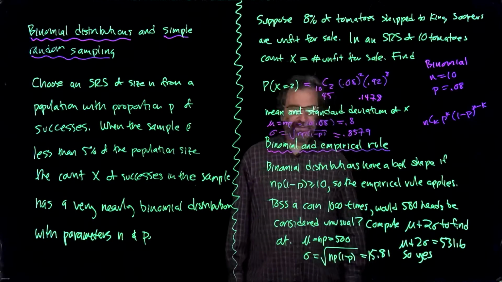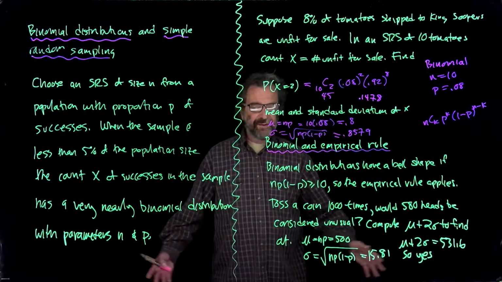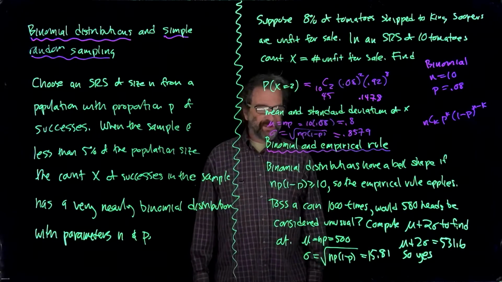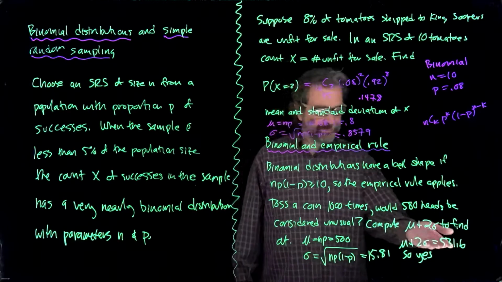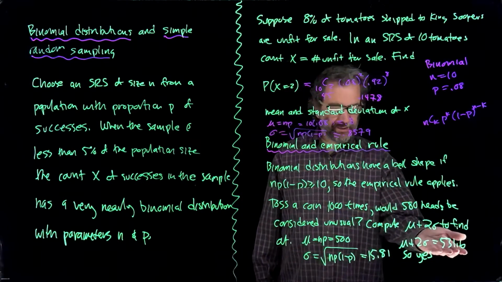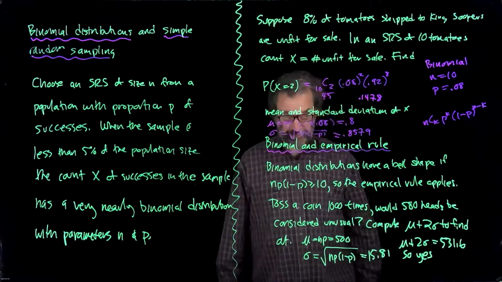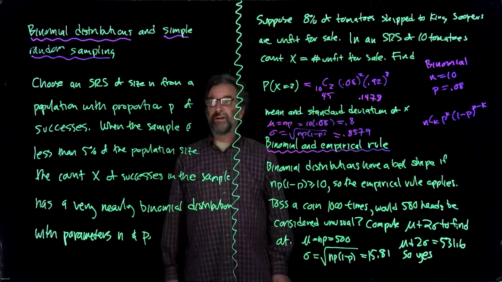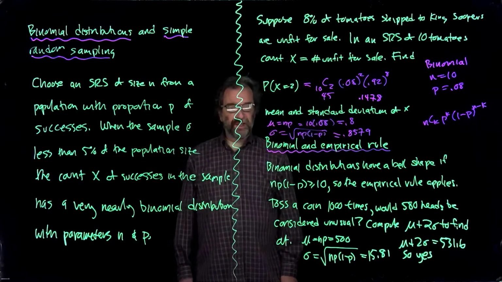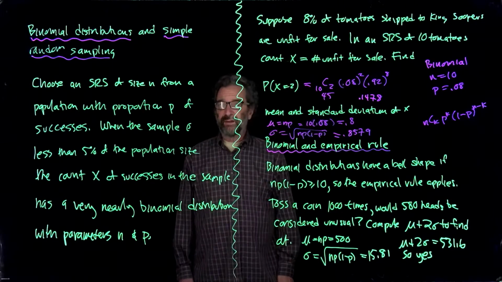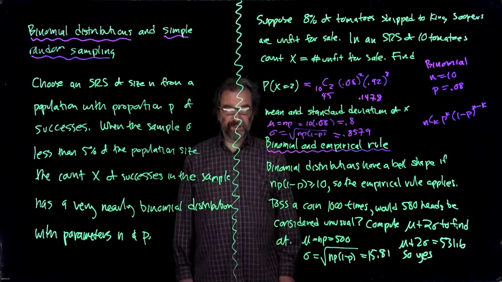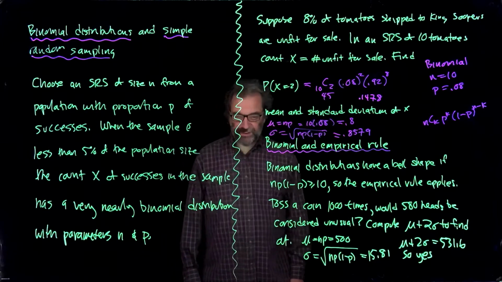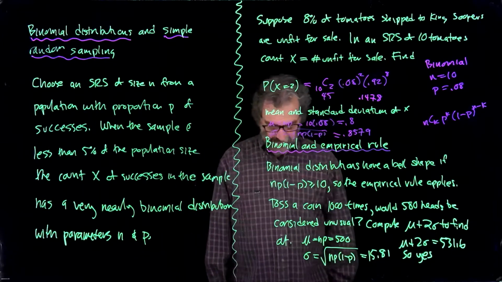If this is following a bell shape, there's almost nothing allowed past 3 standard deviations. So this value would be considered very unusual. Unusual enough to break the 2 standard deviation barrier, but it actually does worse than that. So there we are. A little more statistical thinking and a little more computing with binomial probabilities and mean and standard deviation. And that, in theory, is the end of 6.2.